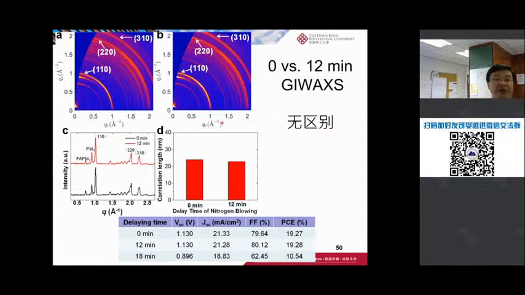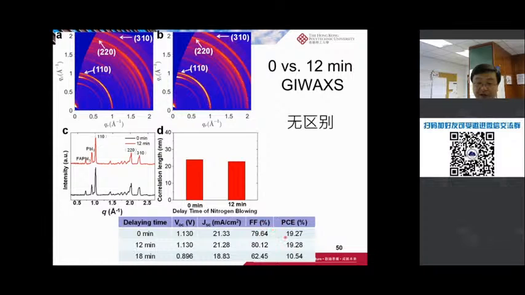As long as you are in the liquid phase, from 0 to like 14 minutes, say at 0 or 12 minutes, I start the air knife blowing. We see the films that we get are actually very similar. This is XRD, and you can see the efficiency and the correlation length for your perovskite film.